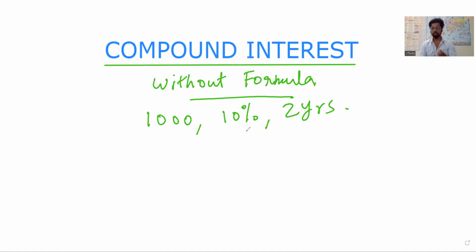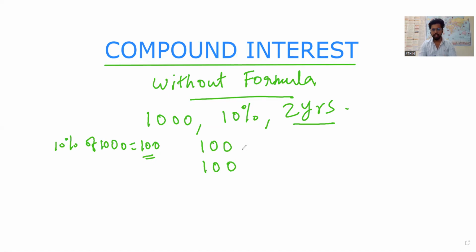First you need to write what is 10 percentage of 1,000. 10 percentage of 1,000 is 100, right? So first that 100, then it is for 2 years. So write again that 100. So for 2 years, I need to write 10 percentage of 1,000 two times, that is 100 and 100.